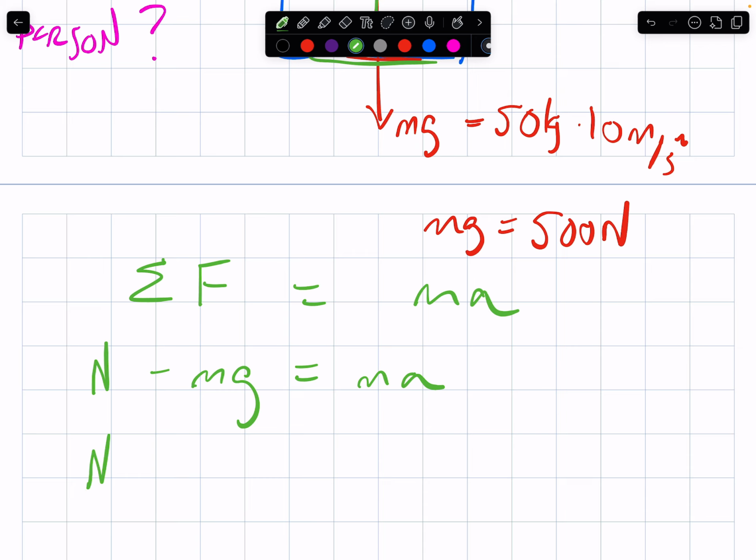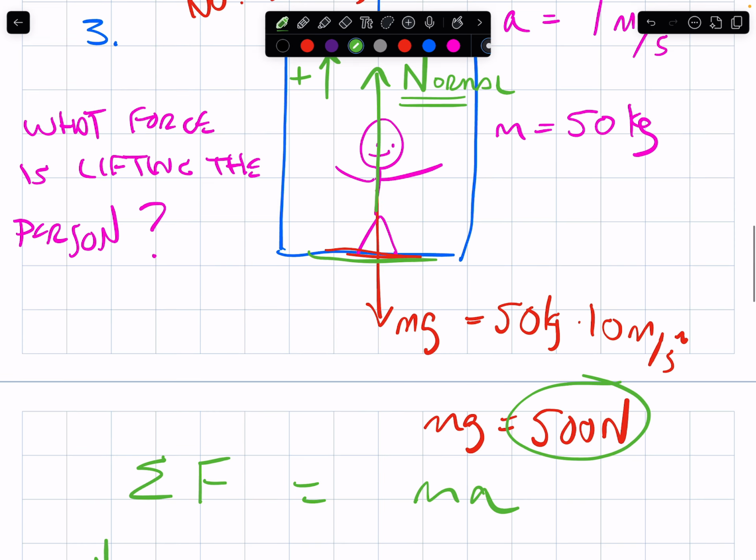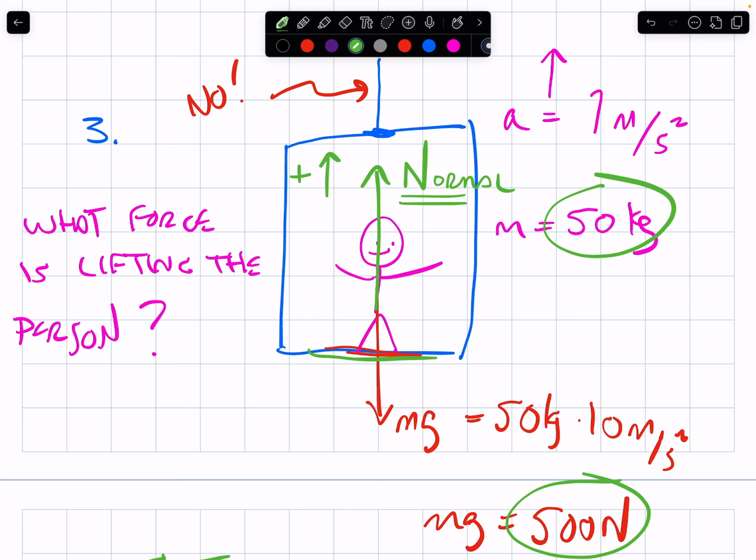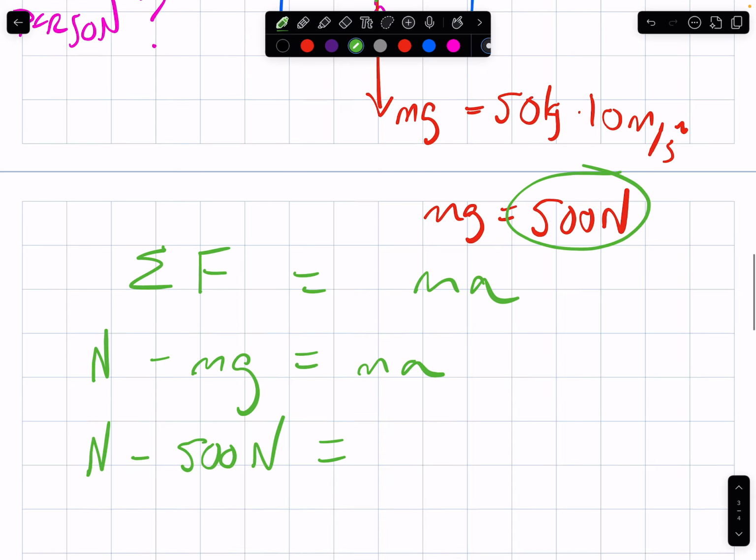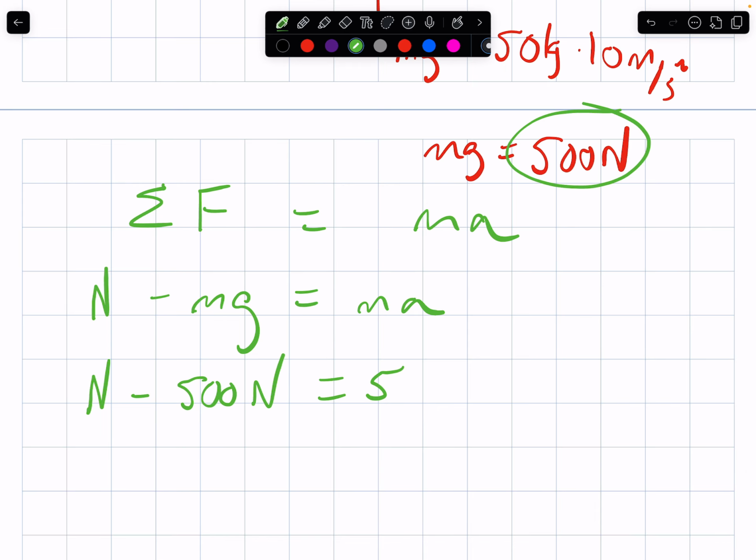So N minus mg, which is 500 newtons, is equal to m, the mass of this person, 50 kilograms, times the acceleration, 1 meter per second squared.